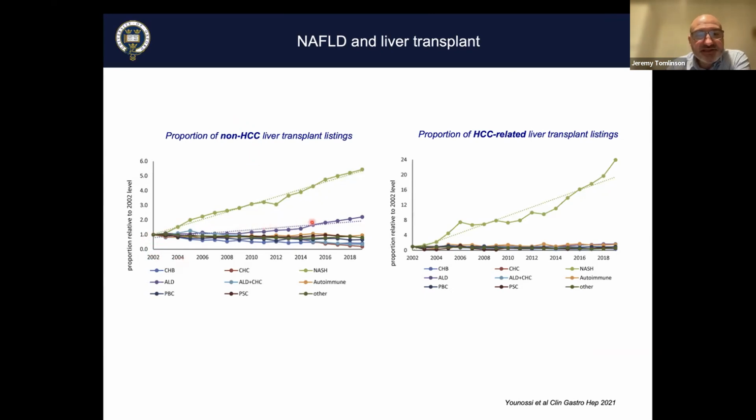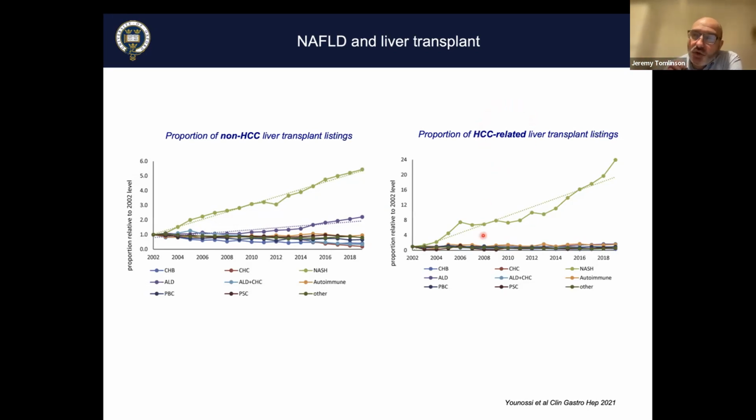What you can see is that the proportion of transplant listings for liver failure has been dramatically increased in our non-alcoholic fatty liver disease cohort in comparison with all the other causes of chronic liver disease, shown in the other colors. The same really holds true if you have a liver transplant because you've got a primary liver cancer.